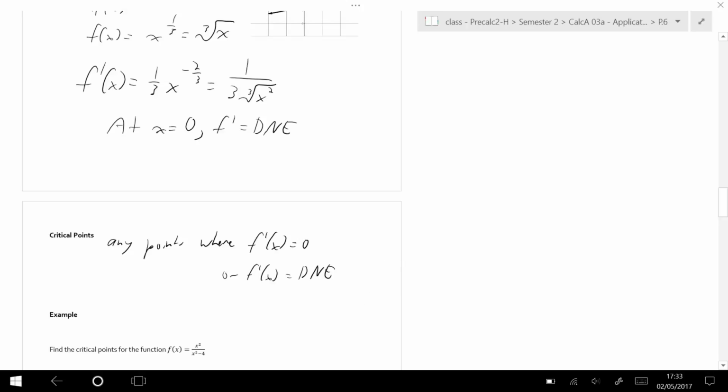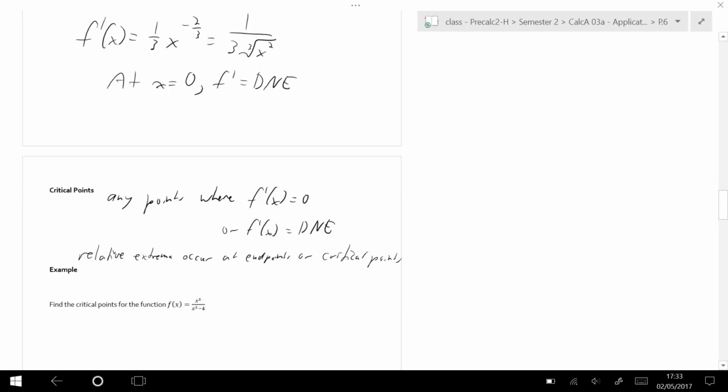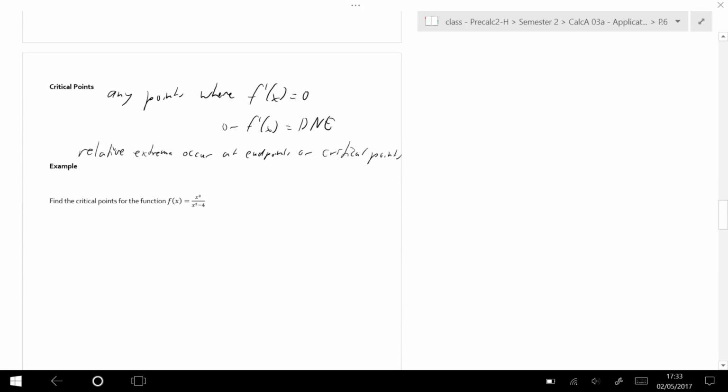They might also be cusps. What I really want to point out is that relative extrema occur at endpoints or critical points. If you're going to be a relative extrema, you're going to occur at one of these places. Endpoints are the ones that people always forget about, and critical values are a lot easier to think about where they come from than you might be thinking.